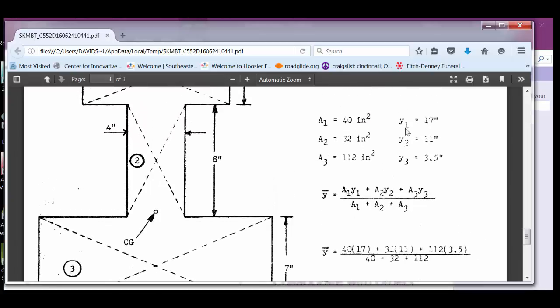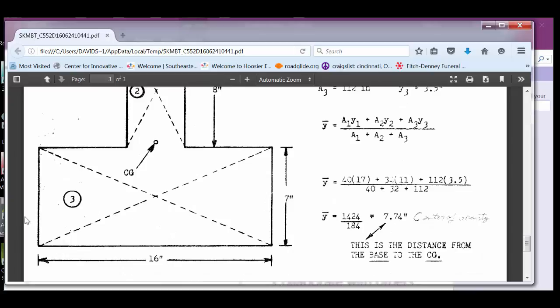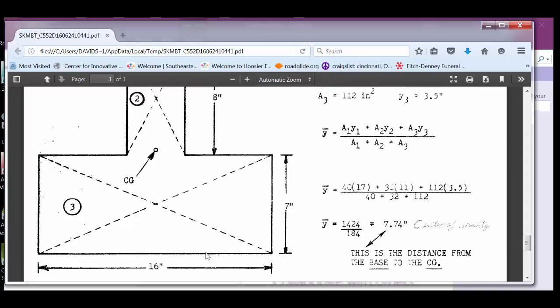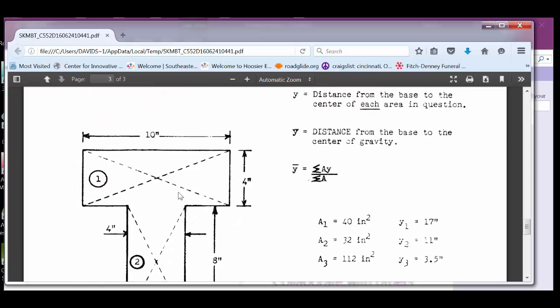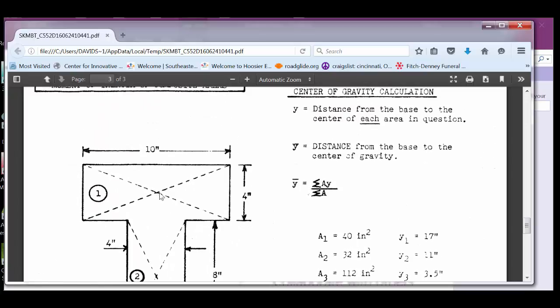Then you've got the y-bar for each one of these. Keep in mind, we'll have to make note of where the y-axis is located. In this case, it's located on the bottom. So you have to find the centroid, or the center of gravity, just for this box. To do that, you would go halfway up the box. It's the height divided by 2, right?